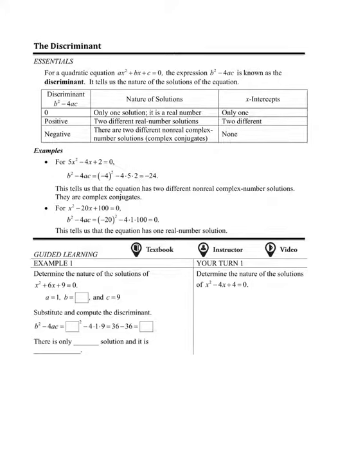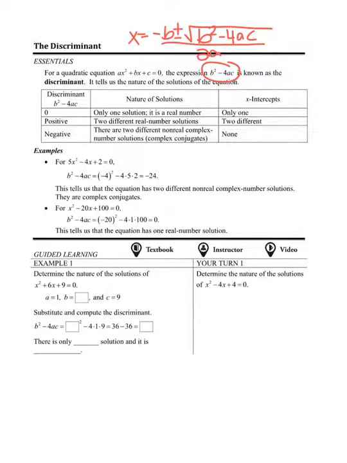So remember that b squared minus 4ac, if that sounds familiar and you're not sure why, comes from the quadratic formula. That's x equals negative b plus or minus the square root of b squared minus 4ac over 2a.